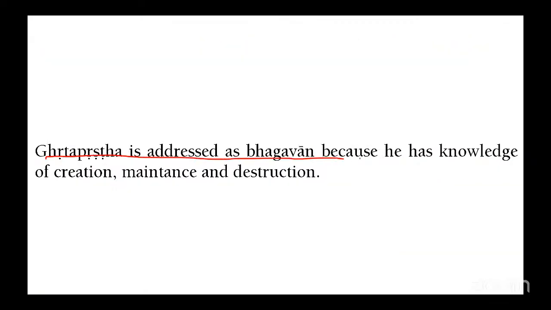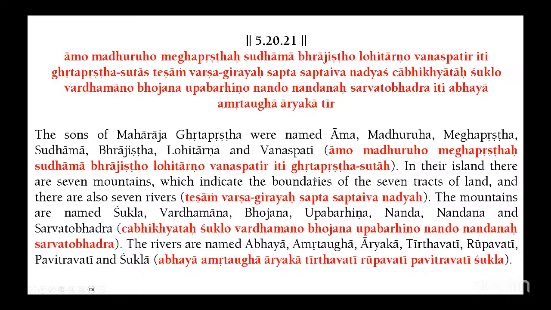Gritaprishta is addressed as Bhagavan because he has knowledge of creation, maintenance, and destruction. There is another verse in the Vishnu Puran, just like the Aishwaryasya Samagrasya Viryasya Yashasya Shriya. So that verse talks about the explanation of the word Bhagavan when it is offered to the Supreme Personality of Godhead.